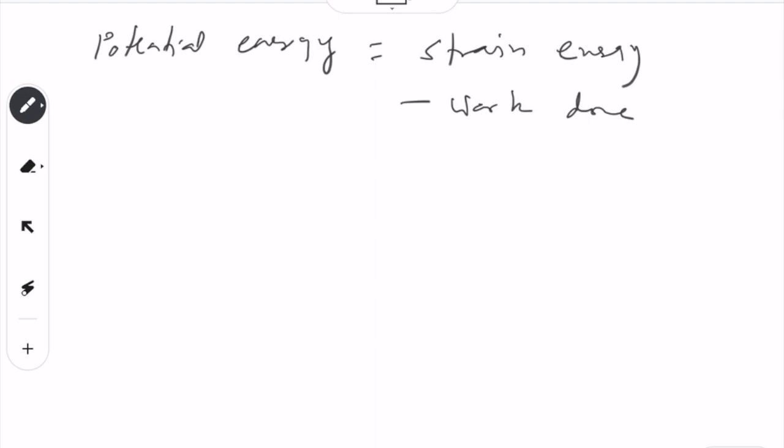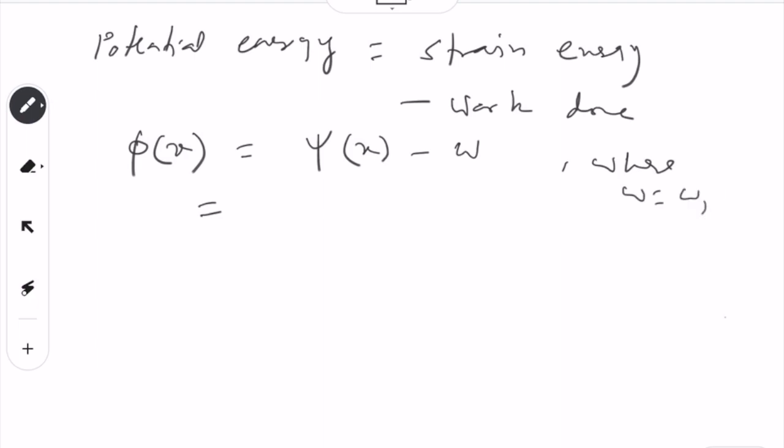So we have phi x equal to strain energy, which is psi x, minus the work W, where W equals W1 plus W2.